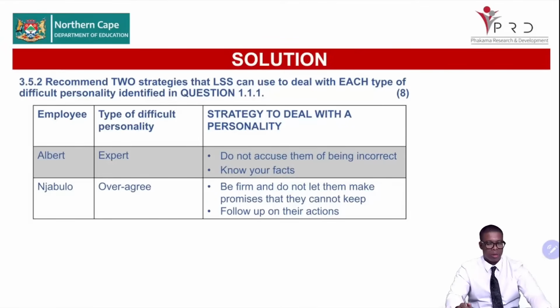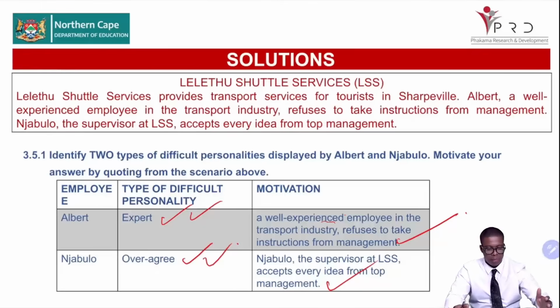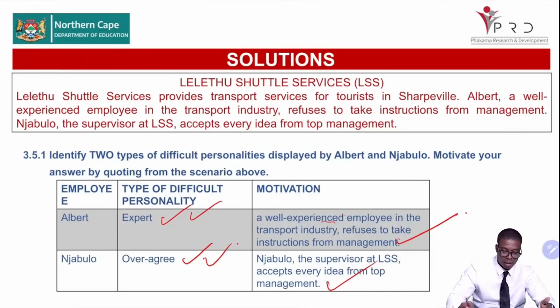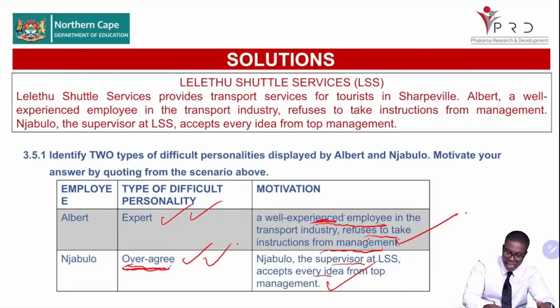Like I am saying to you, the idea of being well experienced as an employee in the transport industry and refusing to take instruction from management is because they are an expert. And because of accepting every idea, the personality is called over-agreeing.